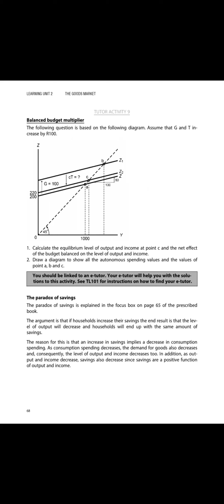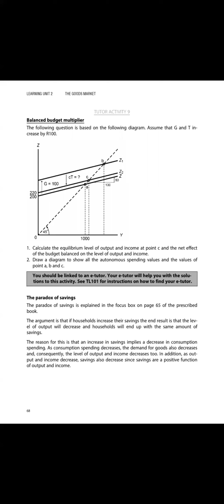So how do we get that? Here we're talking about the net effect on equilibrium income. So keep in mind how to find equilibrium income. You multiply that autonomous portion of spending by the multiplier, right? You multiply it by the result of 1 divided by marginal propensity to save, right?